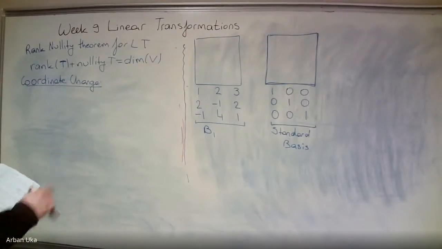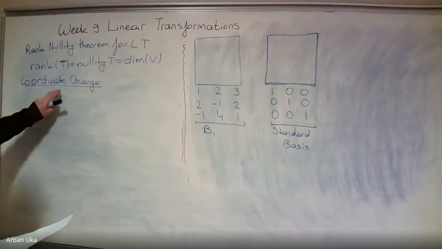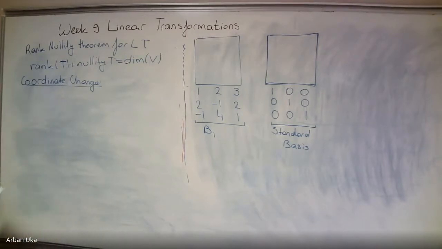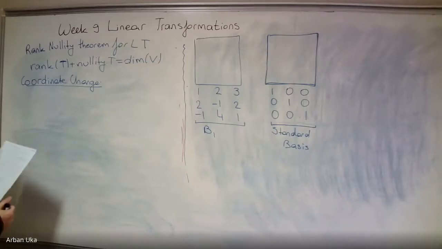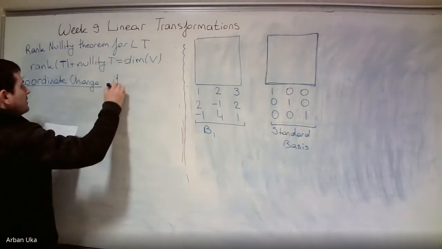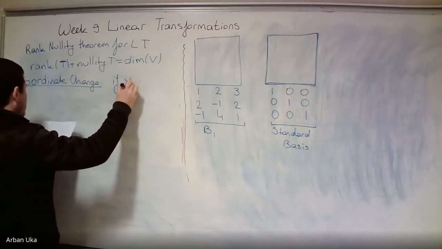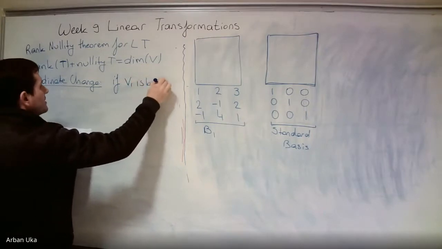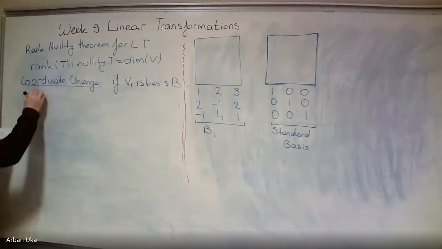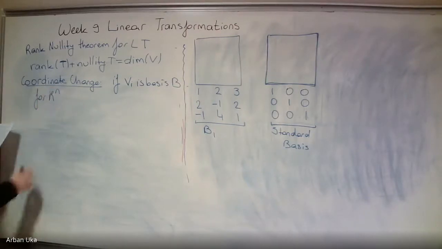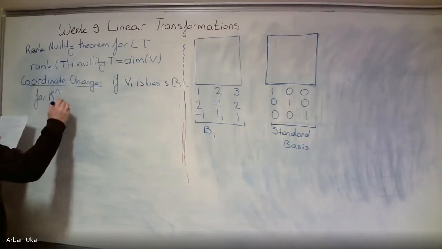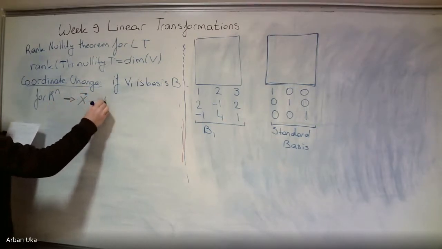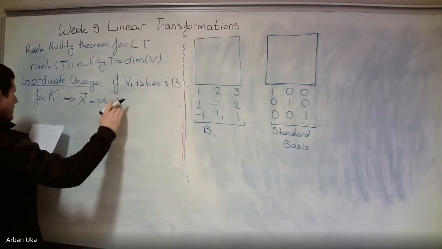Before we go into the examples, we can first provide the formal definition of the coordinate change. Now, if Vi is a basis B for Rn, this means that any vector x is equal to the sum of alpha i times Vi.